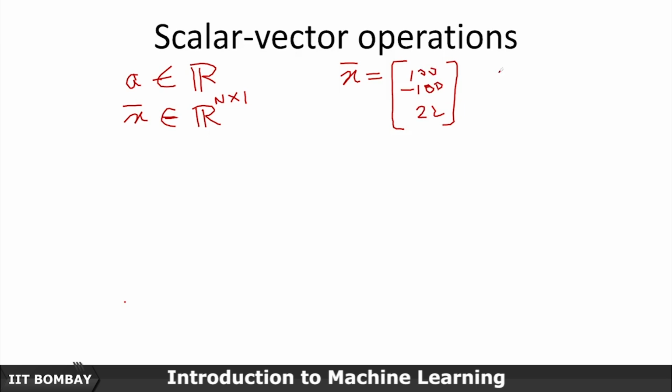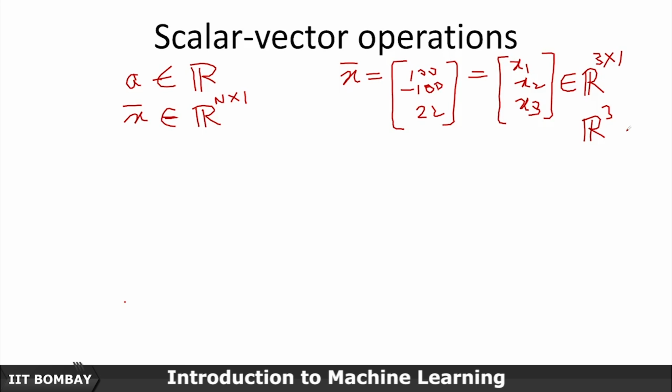Let's call each of these dimensions x1, x2, x3. So this belongs to the set of real numbers with dimension 3, so 3 cross 1, or we can simply write R3. This is how we represent vectors and scalars.